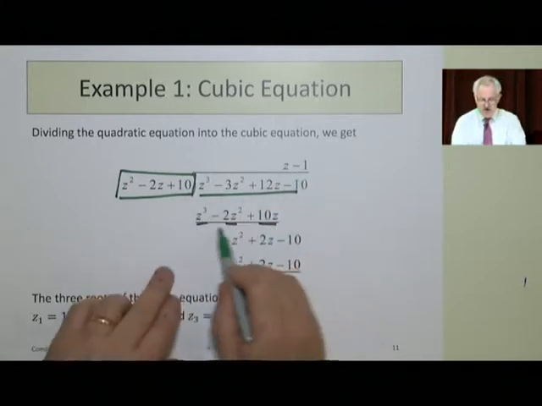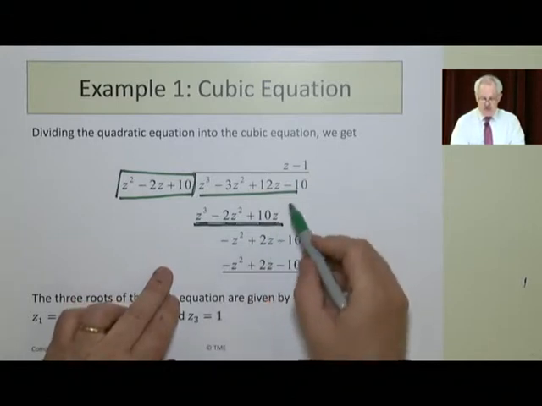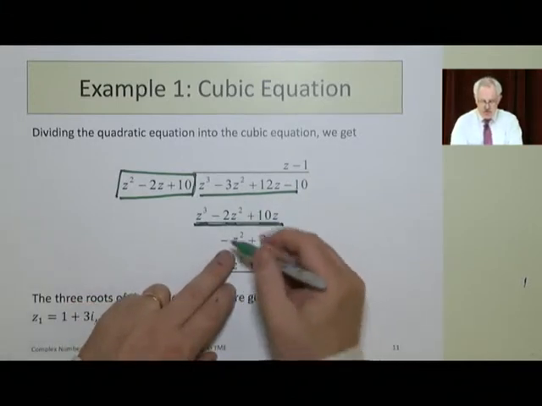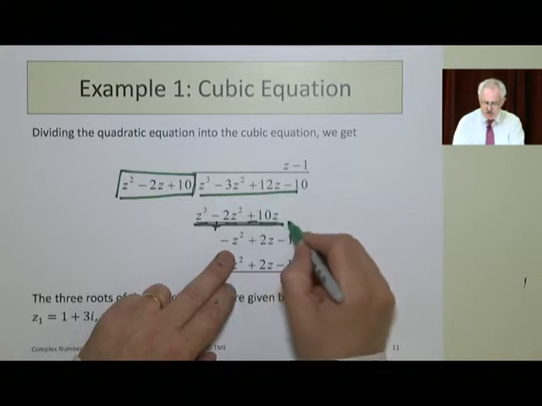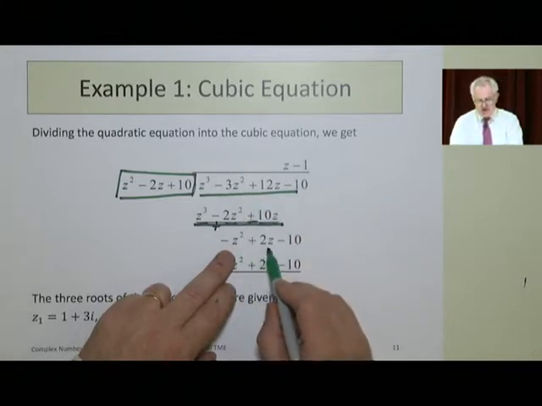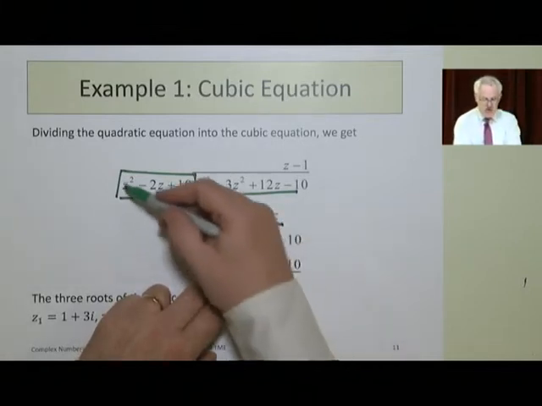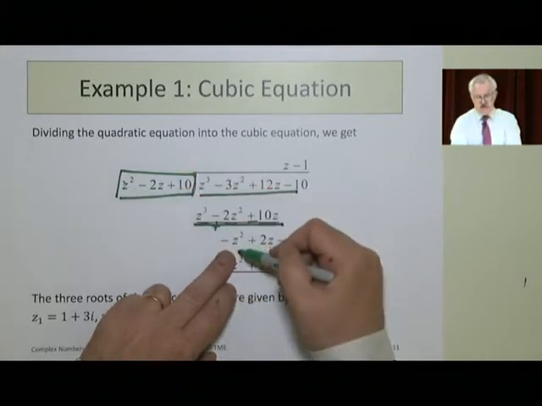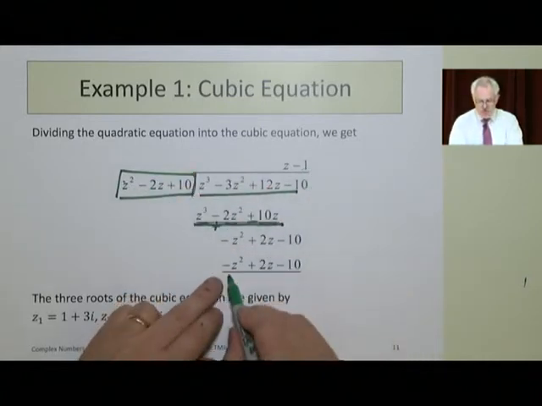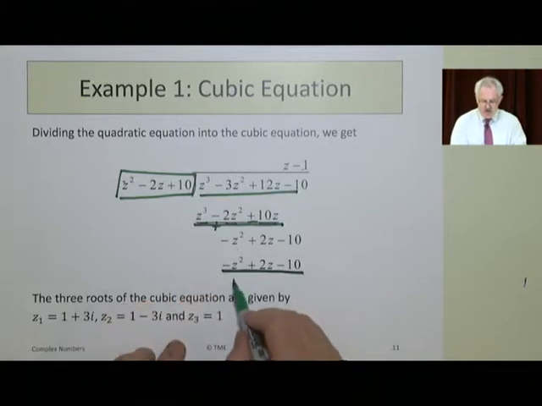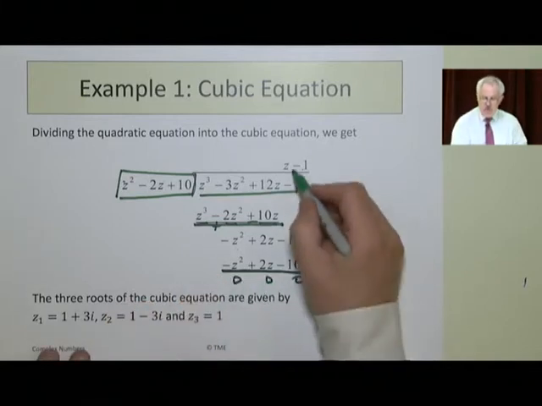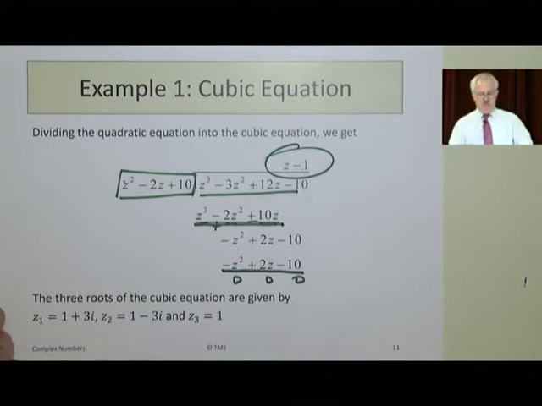Z by 10 is 10z. Take one from the other. You're left with minus z squared plus 2z minus 10. How often does z squared go into minus z squared? Minus 1. That's neat. Naught, naught, naught. The other factor is z minus 1.